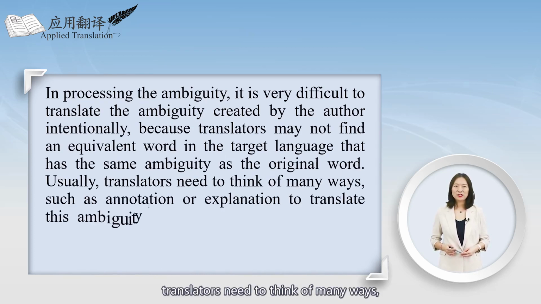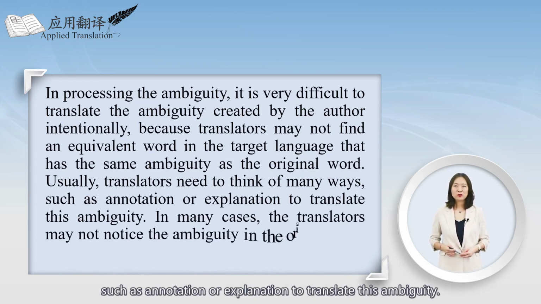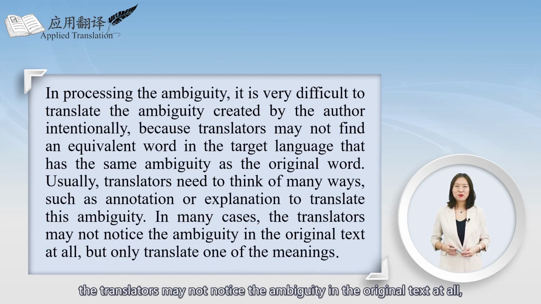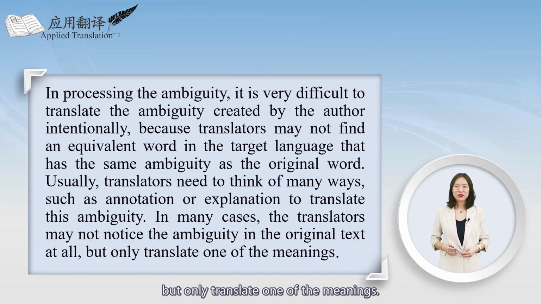Usually, translators need to think of many ways, such as annotation or explanation, to translate this ambiguity. In many cases, the translators may not notice the ambiguity in their original text at all, but only translate one of the meanings. Regarding how to translate the ambiguity deliberately created by the author, I will not discuss it in detail here.